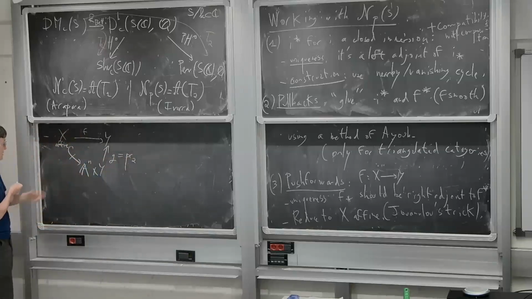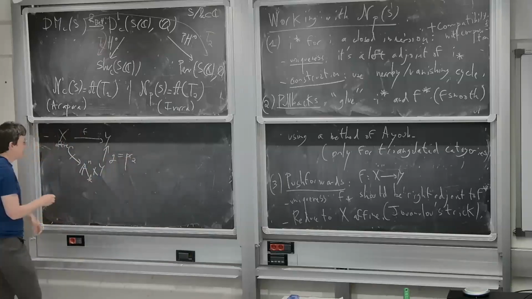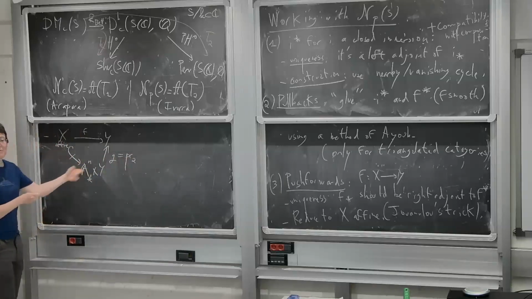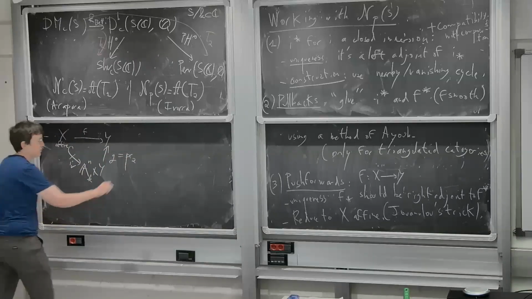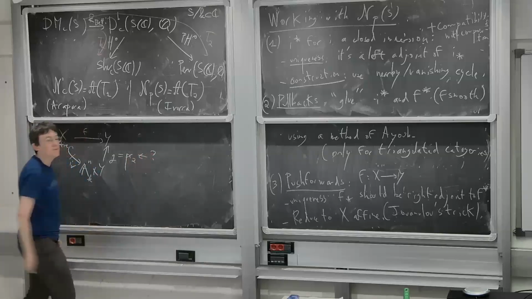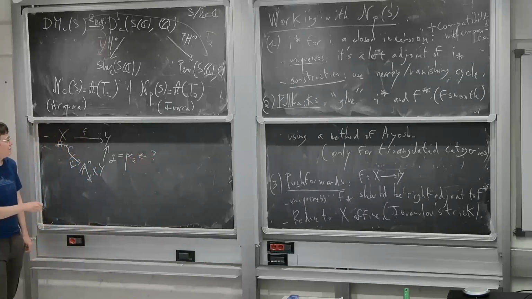This is just X being affine, so a closed subscheme of some A^n. I'm just doing this closed immersion times f. Okay? So this one you know how to treat. So just now we reduce to this case. Okay, so now f is a projection of A^n cross Y to Y. And then reduce to n equals 1.